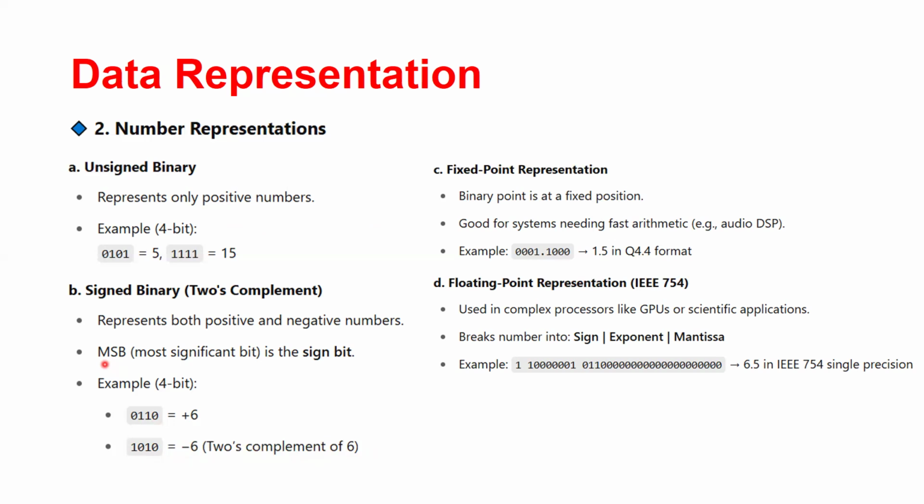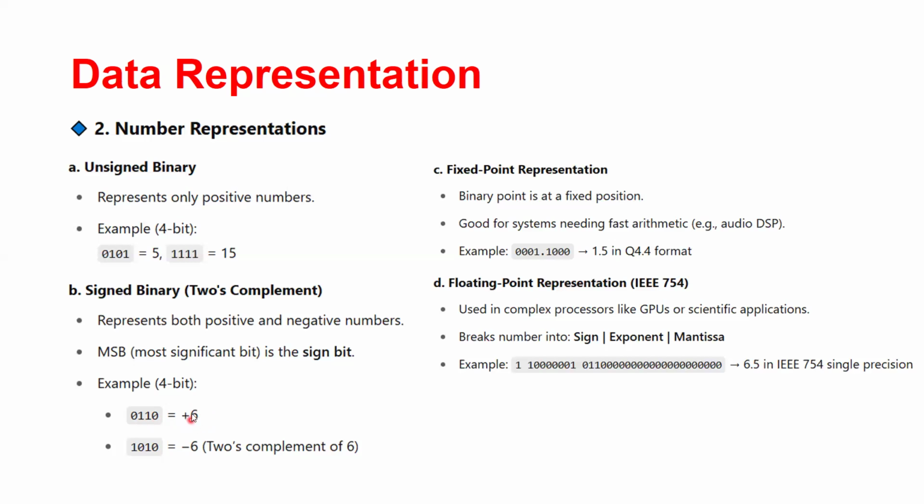It is basically a sign bit. For example, there is a 4-bit number, which is a positive 6. 0, which is the MSB here, tells us it's a positive number, and the 3 following digits, 110 in decimal, it is 6.